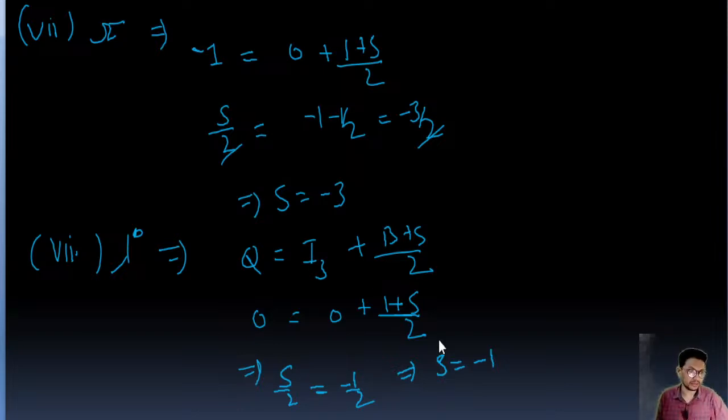Next, guys. These are the strangeness values, and I'm going to write them here also. For K plus, strangeness is 1.